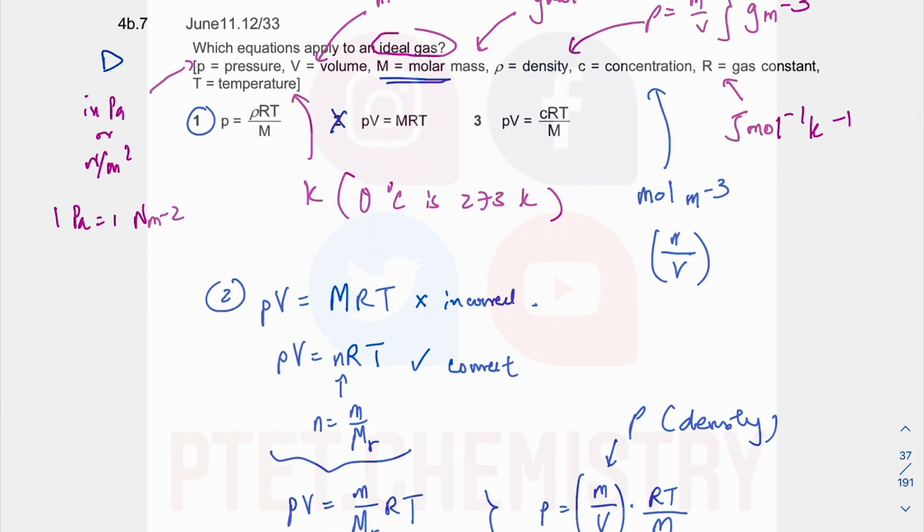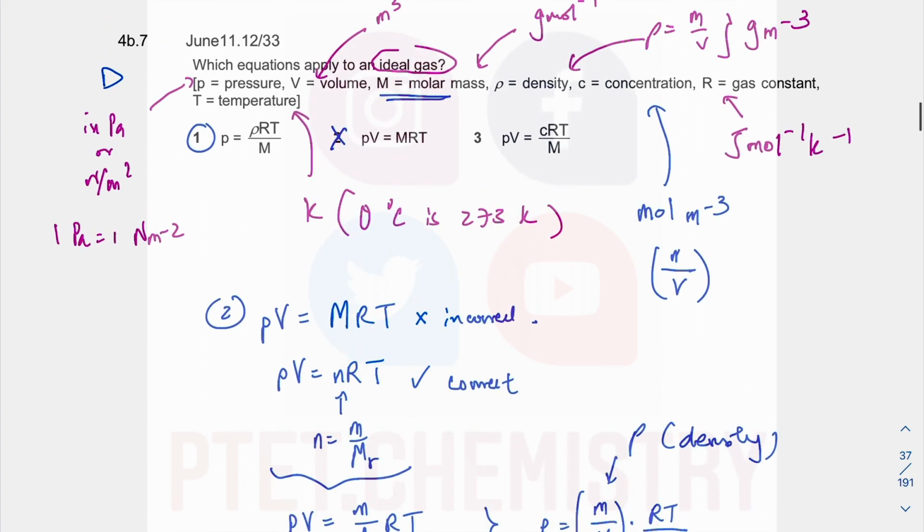That can't be right because your volume is still here. Your mole is mass over Mr, then you have mass, which is not equal to concentration. So you won't be able to get this equation at all. And by logic, we already knew by checking 2 that only 1 is correct because 2 is incorrect. So number 3 is also incorrect. You can play around with rearranging the equation, but even then the units wouldn't have matched up at all.